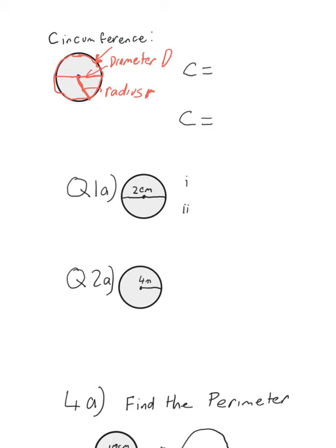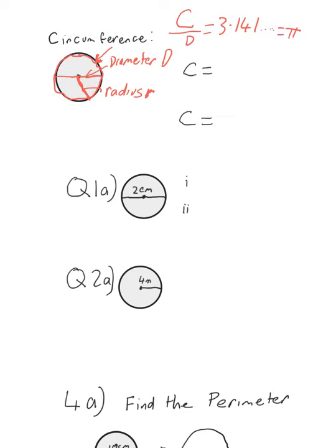They found that no matter what size the circle, if you measured the circumference and divided it by the diameter, it always equaled the same number, 3.141, and it keeps going. They called that pi.